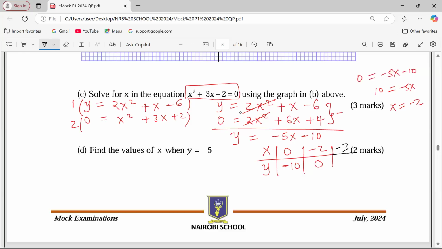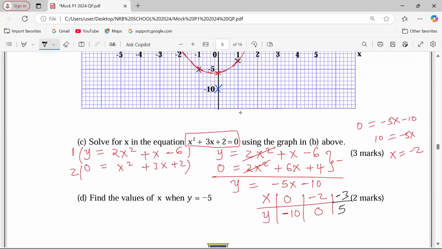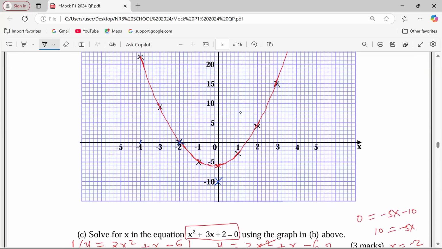This is going to be 5. So negative 3, 5 shall be there. So now we can connect the 3 dots.